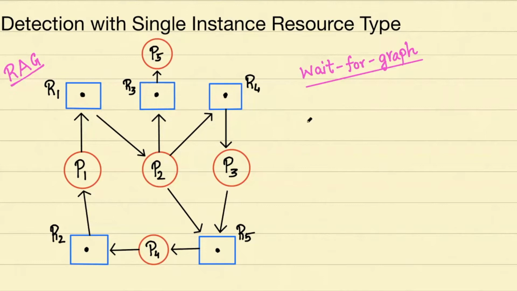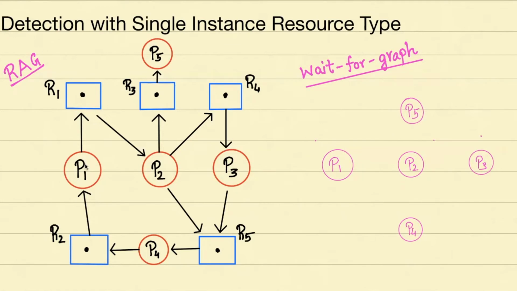The resource allocation graph will contain both resources and processes, whereas wait for graph will contain only processes. Let's draw the processes first. Process P1, process P2, process P3, process P4, process P5. So these are all the processes available from the resource allocation graph, right? So I have drawn all the processes.